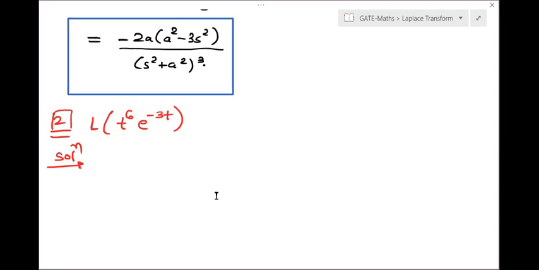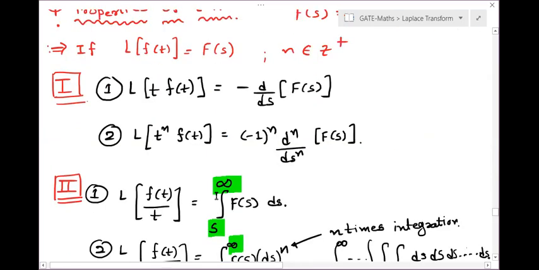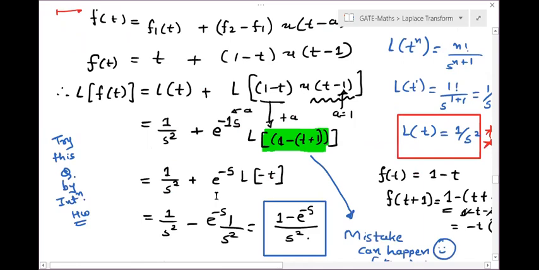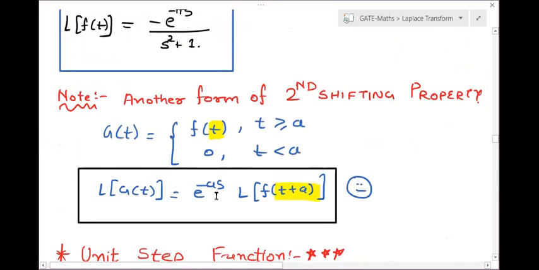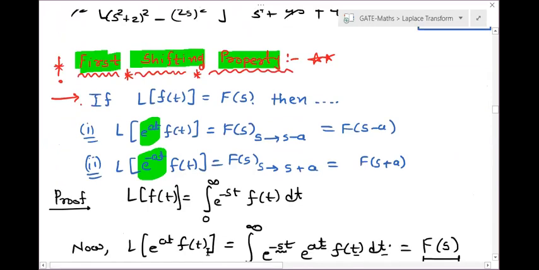Any other thing we can use? Multiplication by t, or in the earlier case, second shifting property. What is the identification of second shifting property? Or what is the identification of first shifting property? Before second shifting property, we have seen first shifting property or not? This was your second shifting property. Now, what was your first shifting property?